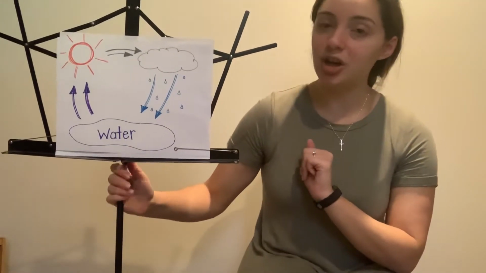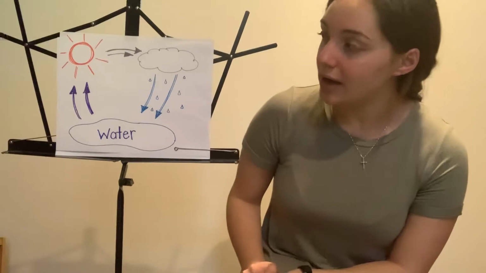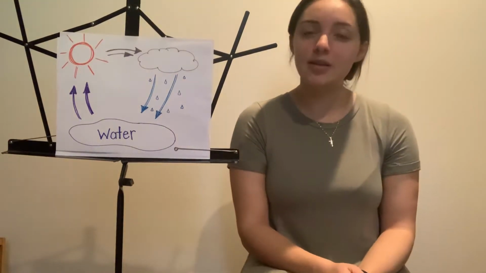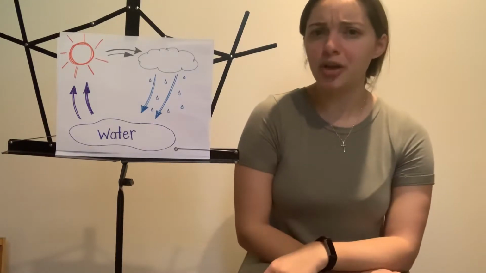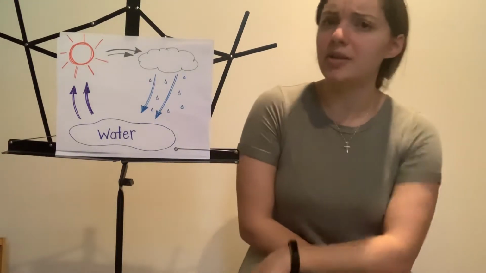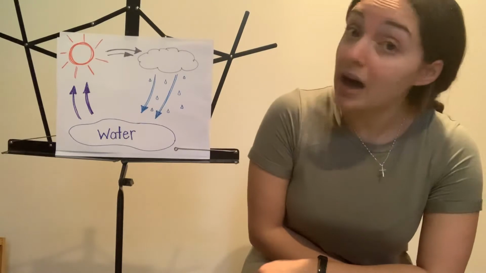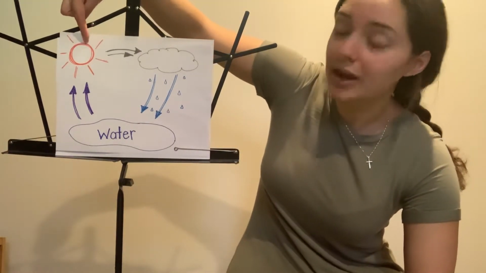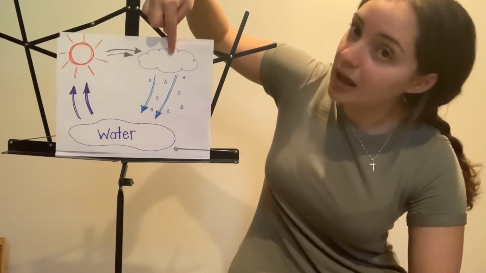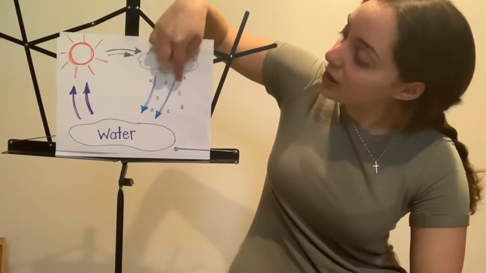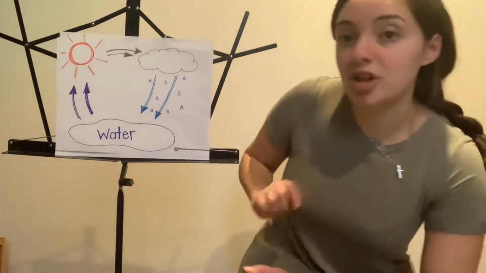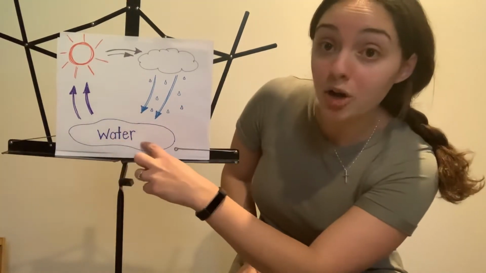This is a picture of the water cycle right here. And you'll notice that I have a couple of different drawings and pictures on here. So let's see what we notice. Let's look at this picture. I see the sun, right? And a cloud, some raindrops, and this right here, which says the word water.